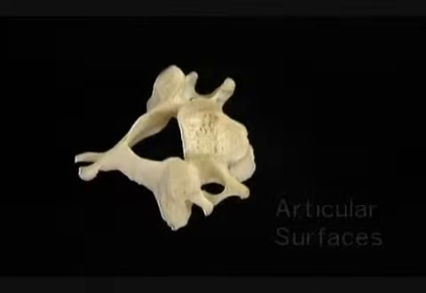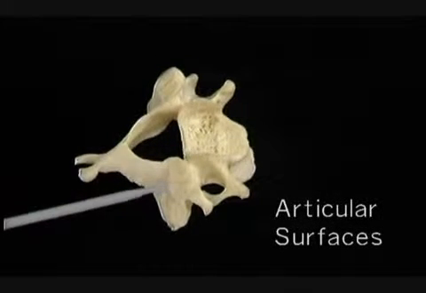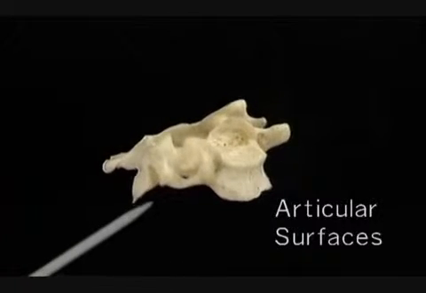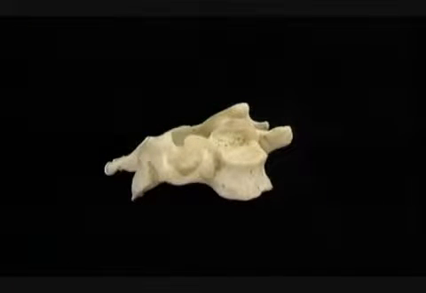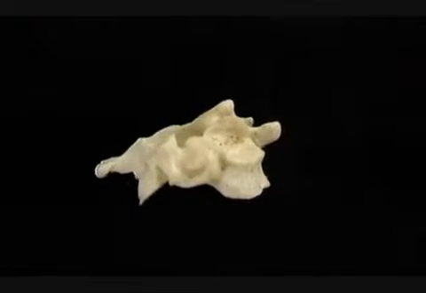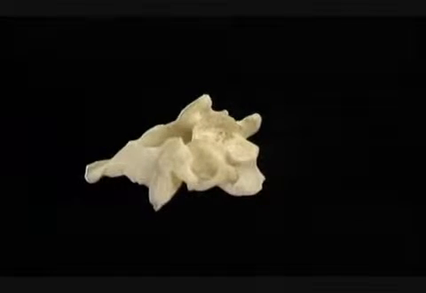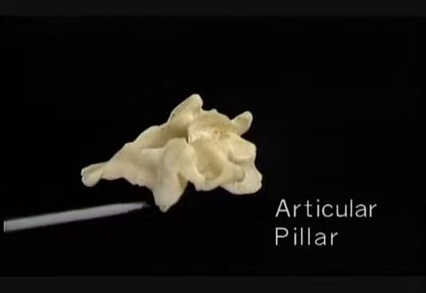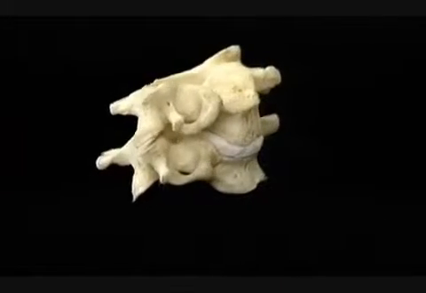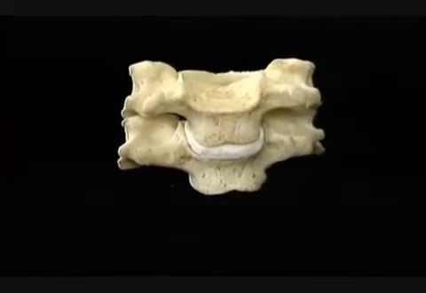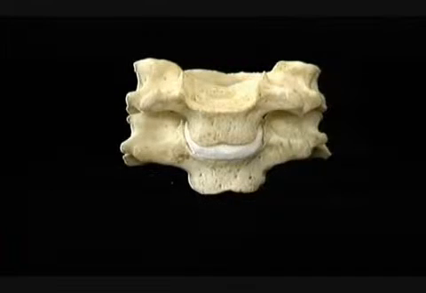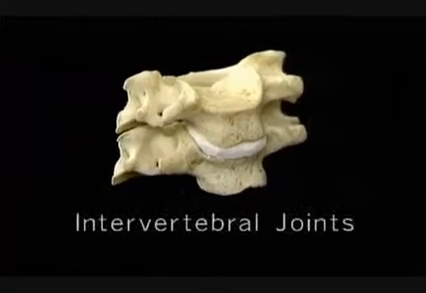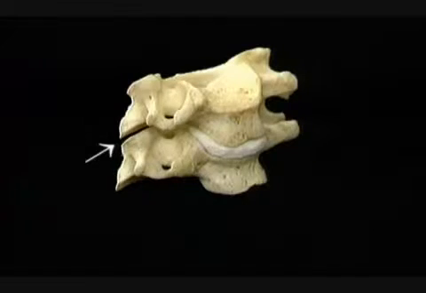On each side there are two articular surfaces, one above and one below, which form the intervertebral joints. The articular surfaces slope upward and forward. They are connected by this mass of bone, the articular pillar. Each vertebra is joined to its neighbors by an intervertebral disc in front and by two intervertebral joints behind, one on each side.